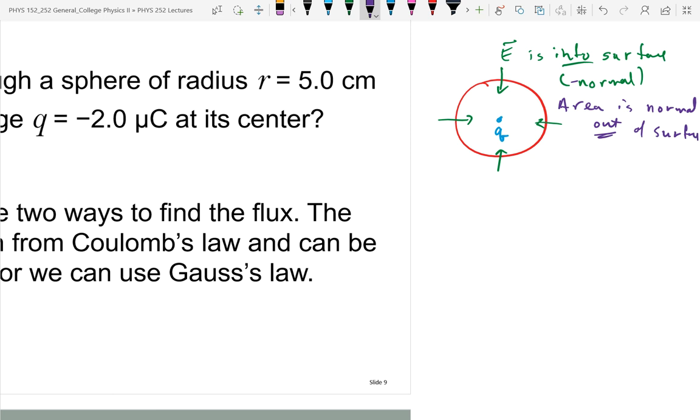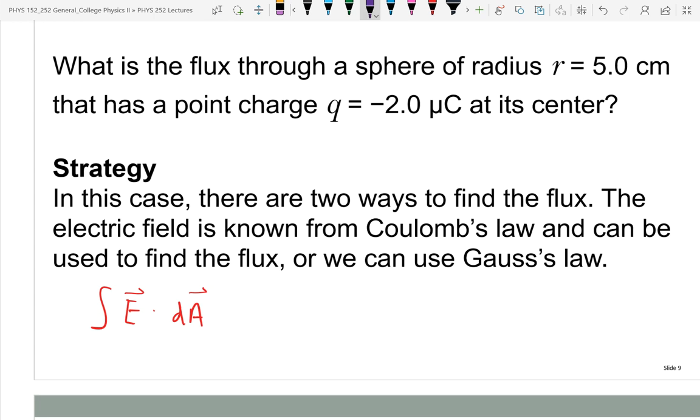So the electric field is always in, the area is always out, so the flux is going to have to be negative. Since the electric field is a vector, I'm just going to leave this as a positive and let me have a negative to say it's pointing in.